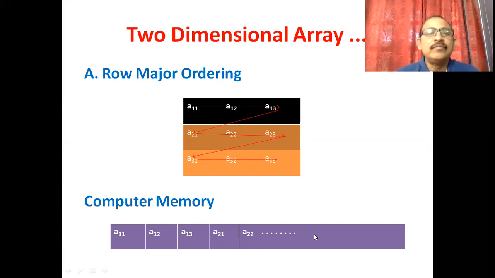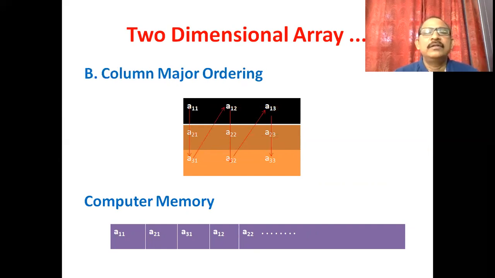Let us see the column major ordering. Here we first store all elements of the first column into the computer memory. Next we store the next column's elements, and then the next column's elements.